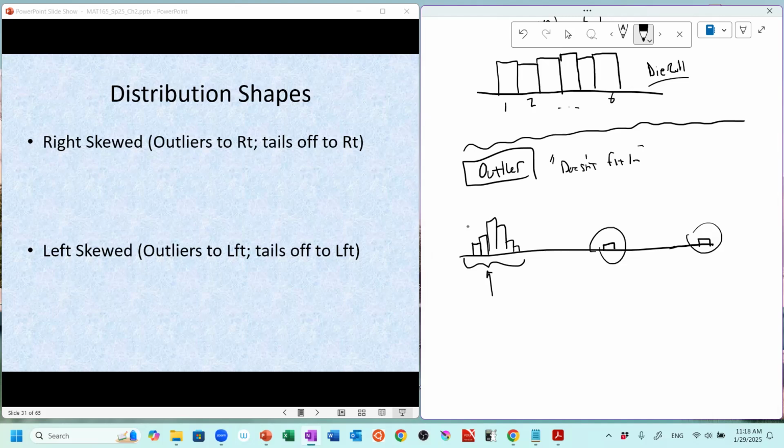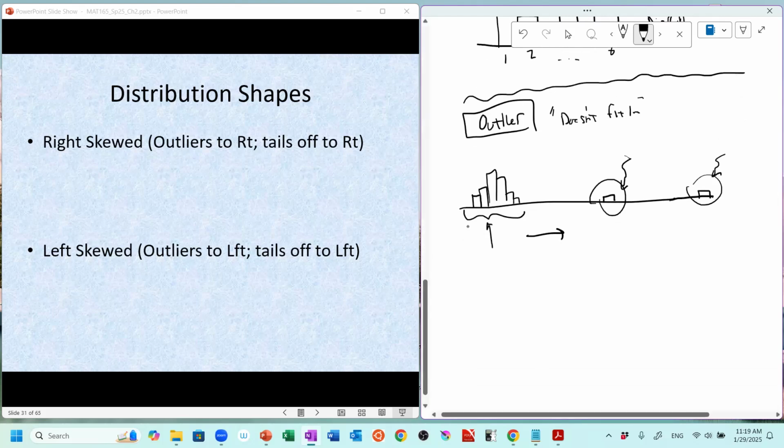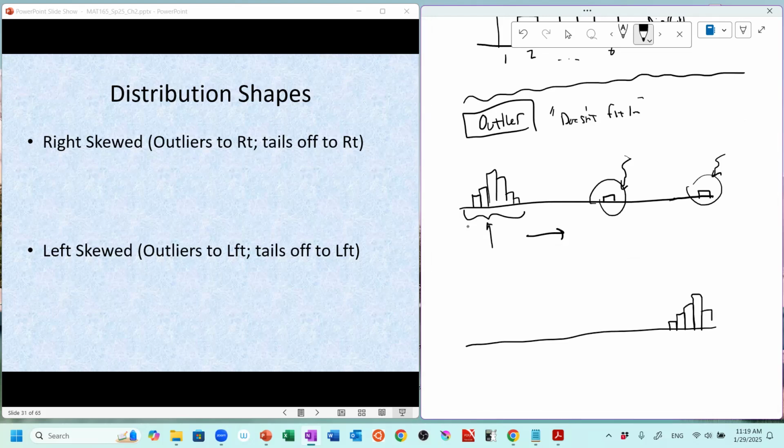So if I draw my histogram out and I see that there are some outliers, I might ask myself, well, do those outliers tend to be to the right side of where most of the data sits, or do they tend to be to the left side of where most of the data sits? Do I tend to have a situation like this, or one like this, where my outliers are to the left?